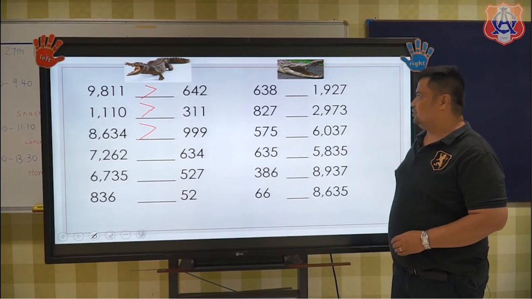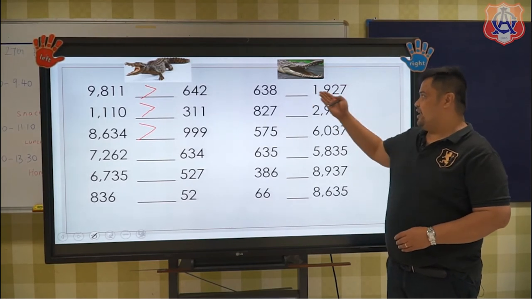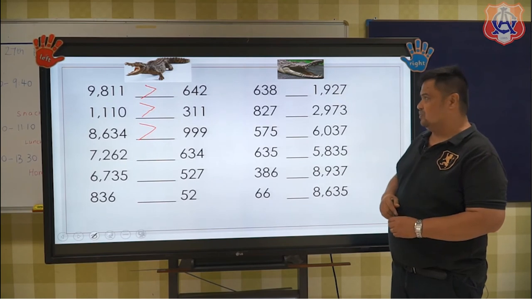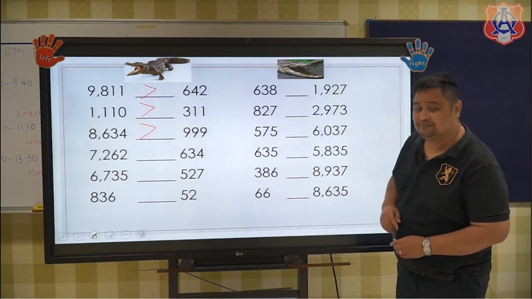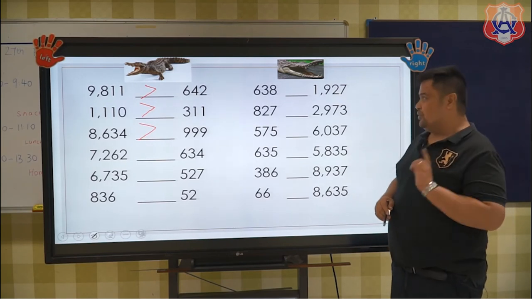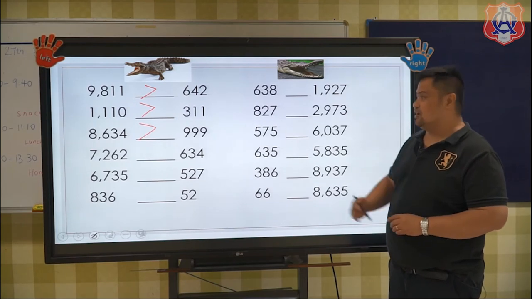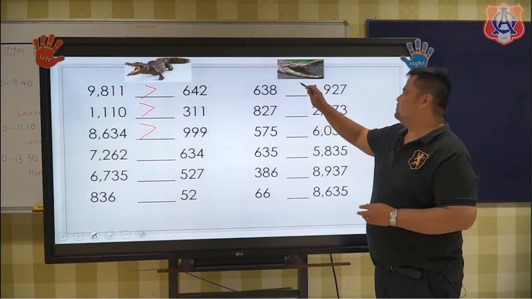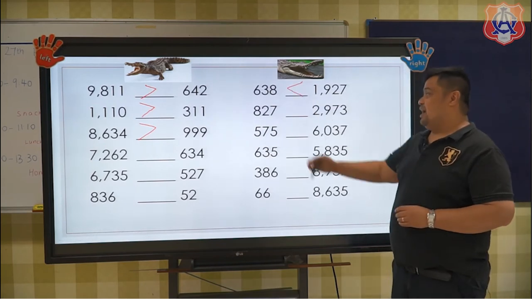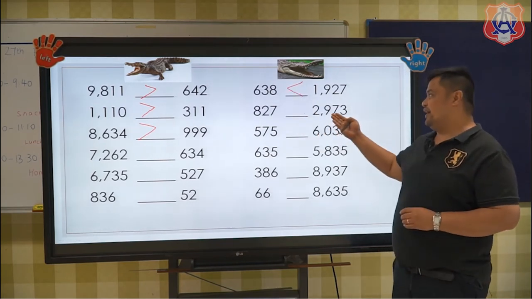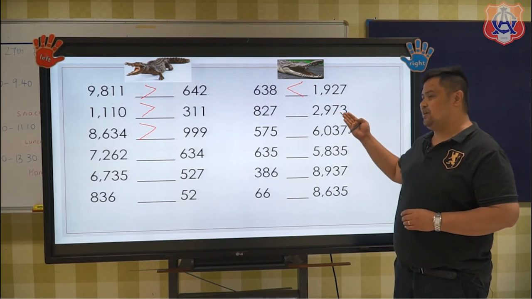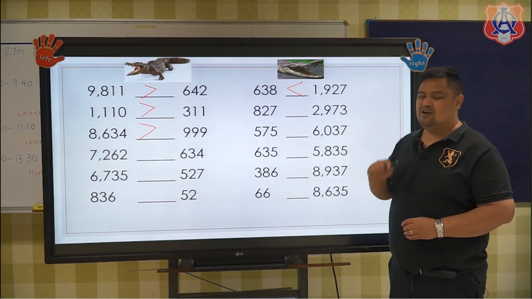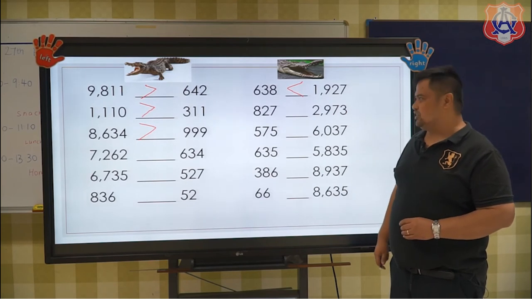set of examples. 638 compared to 1,927, which has the bigger number? Remember, always look at the number of digits. 3 compared to 4. So we're going to choose this one. 827 against 2,973. Remember, the way to answer it is look for the number of digits.